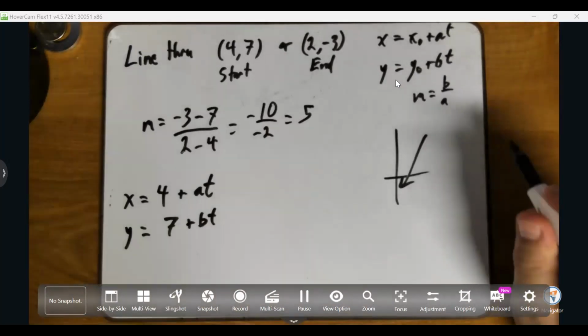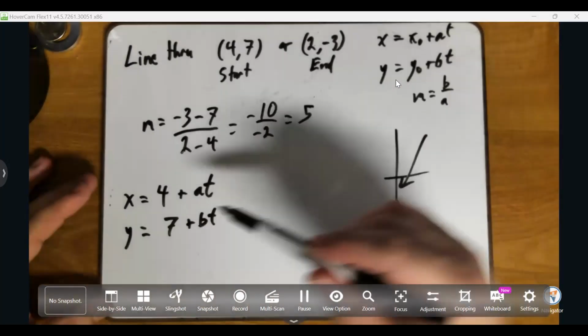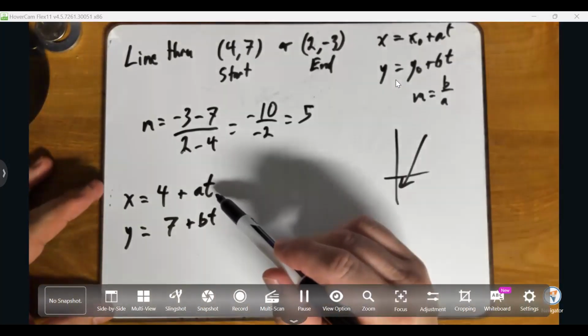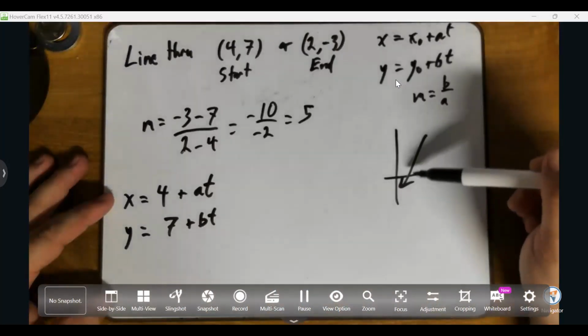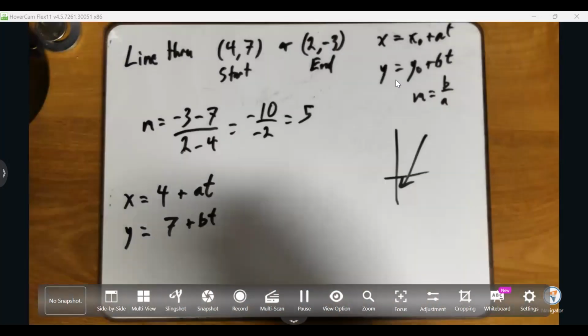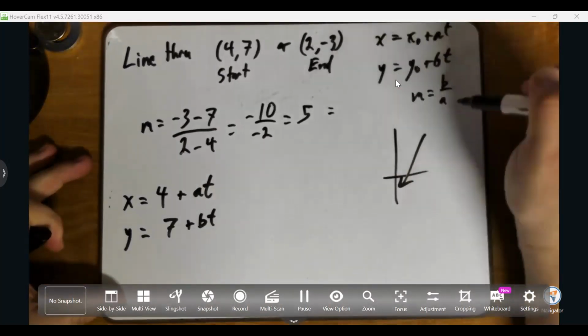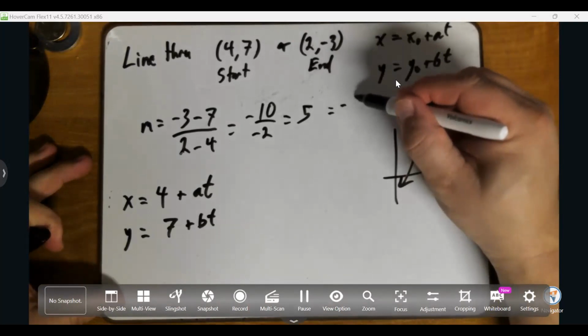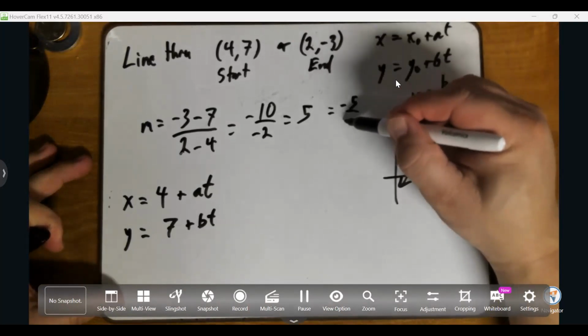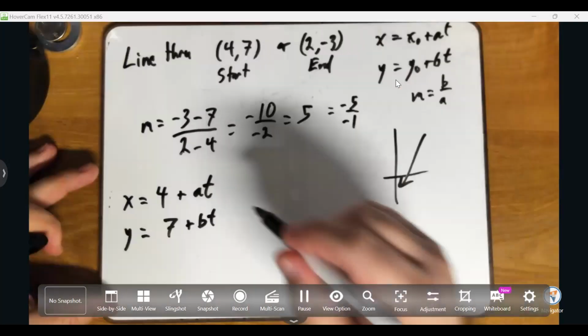But as t increases, we need x to decrease and y to decrease. So we're going to choose our b over a to be negative 5 over negative 1.